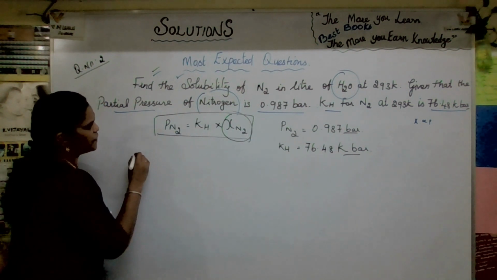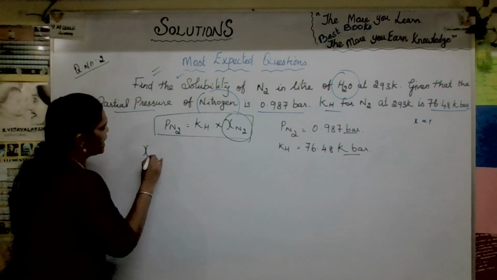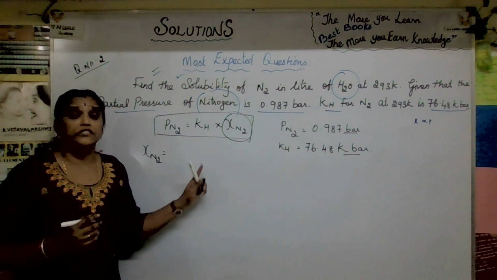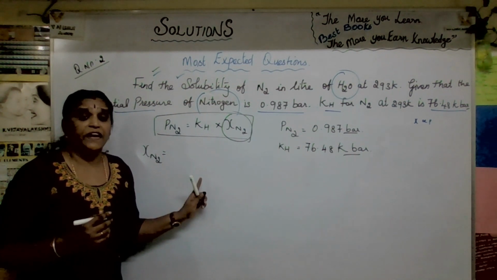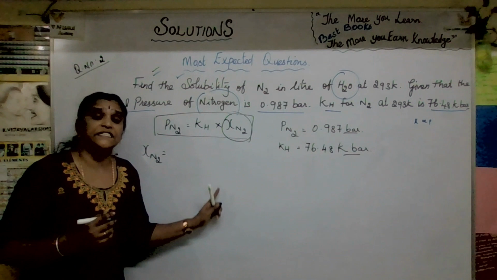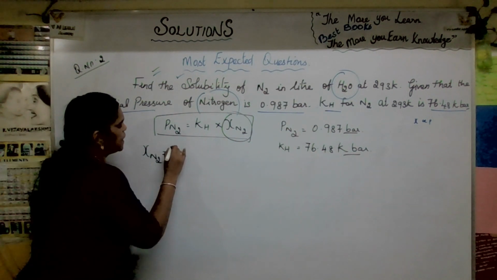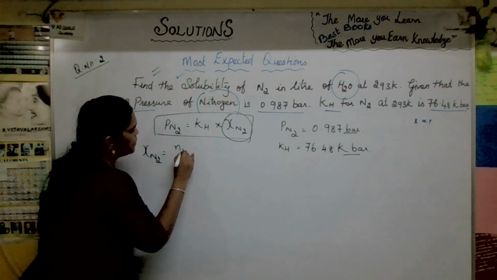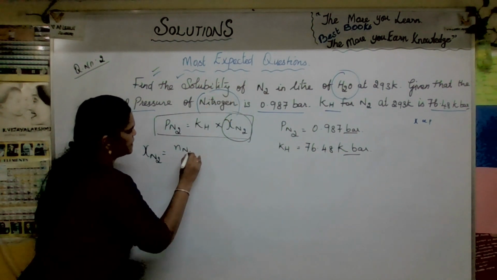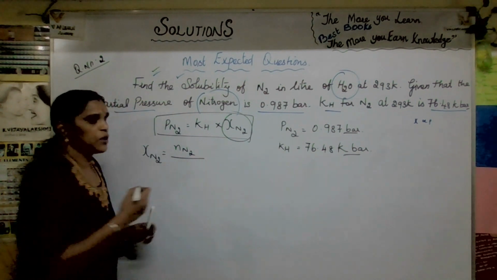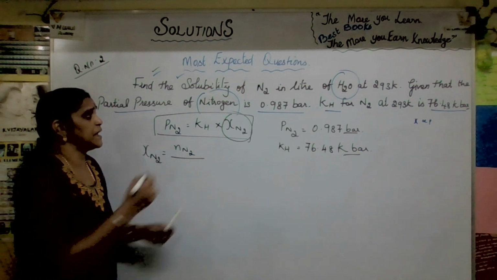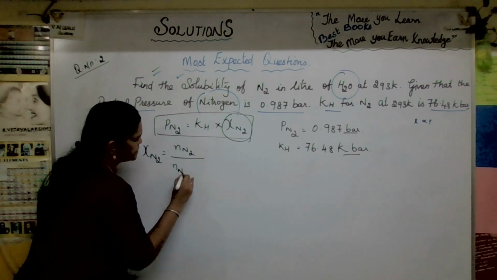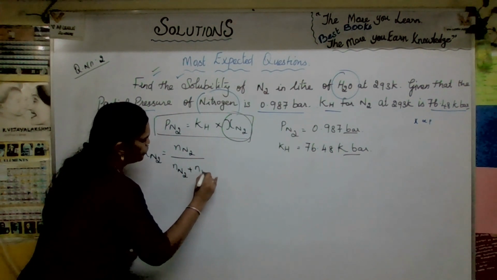So the mole fraction of nitrogen is chi of nitrogen. What do we mean by mole fraction? The number of moles of component A divided by the total number of moles of components A and B. We can take component A as nitrogen, in water. So it is n of nitrogen divided by n of nitrogen plus n of water.